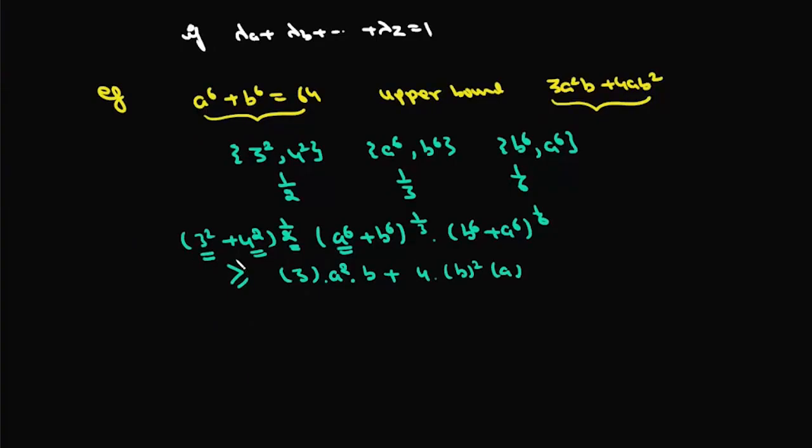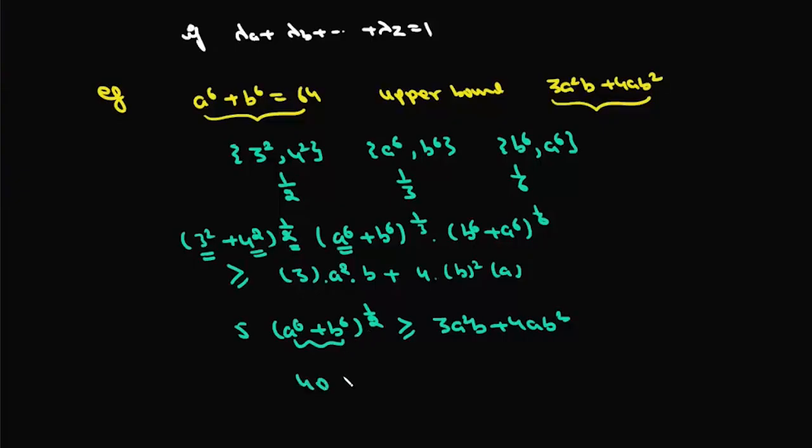Now this is under root 25, which is simply 5, and here it will be (a to the power 6 plus b to the power 6) whole to the power 1 by 2, which will be greater than or equal to 3a square b plus 4a b square. Now a to the power 6 plus b to the power 6 is 64, so this value will be 8.